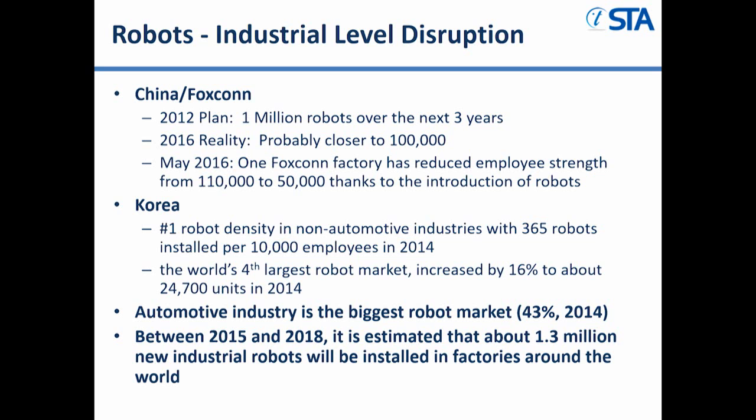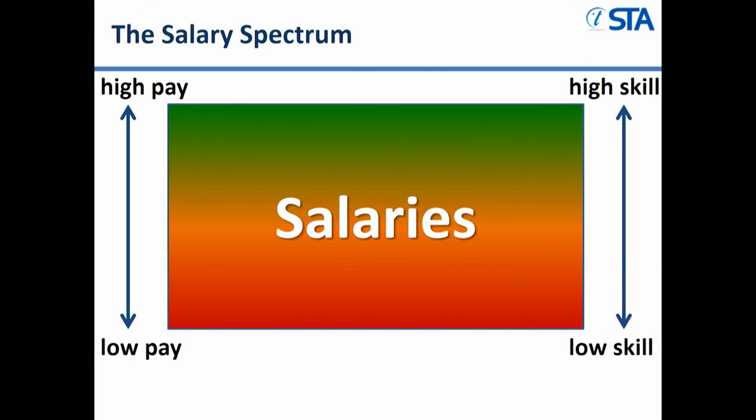So if we have many more robots, what will the effect be on the workers? I guess we could ask one of the 60,000 workers who lost their jobs in China and see whether or not they found it easy to get another job. I suspect not. In an ideal world, we would have salaries that covered the whole spectrum, from low-paid jobs with low skills to high-paid jobs with high skills.